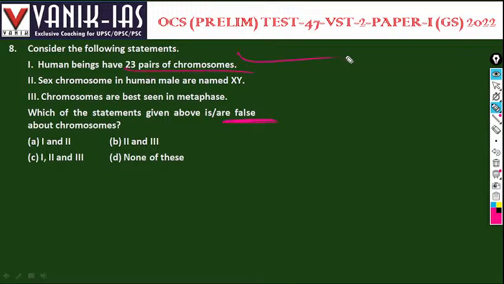We know that it is also right. Male has XY, female has XX, so this is also right. It is best seen in metaphase, that is also right. So none of these are false about chromosomes.